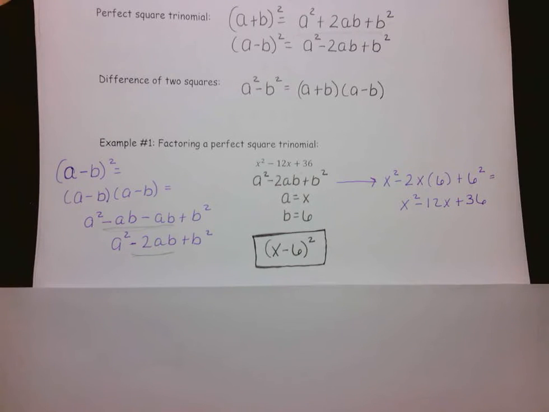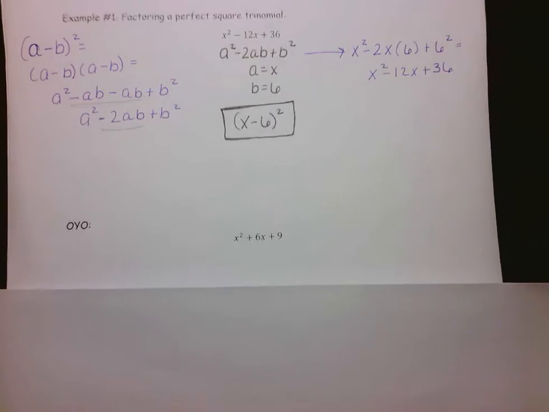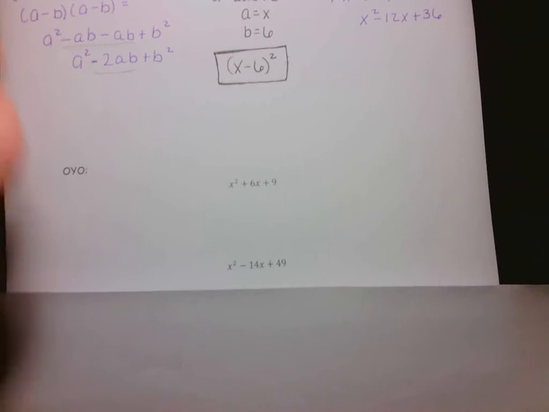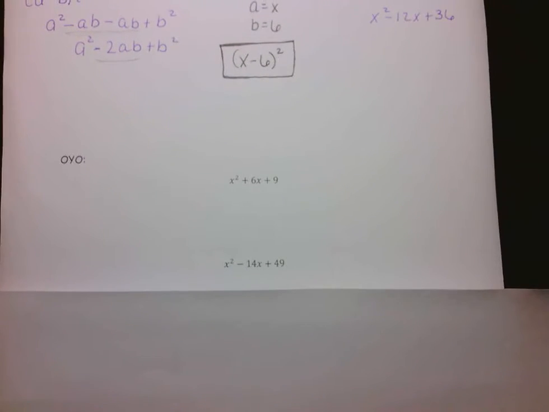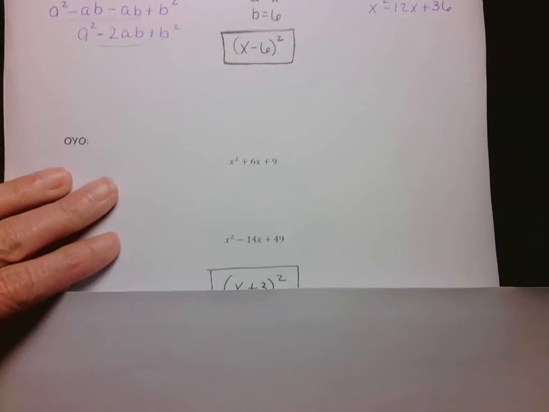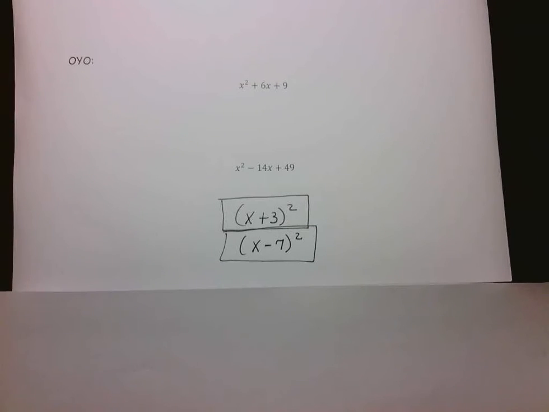Okay, so go ahead and hit pause and factor these perfect square trinomials. Just identify what is your A and what is your B. And here are the answers.